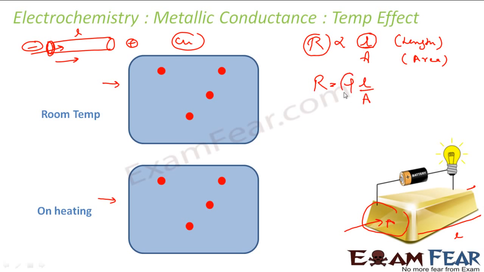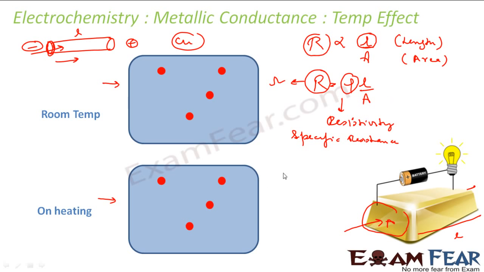Right? So what is this rho? Rho is called resistivity. It is also called specific resistance. And the SI unit of this will be ohm meter. Why? Because resistance is in ohm and L by A will be per meter.